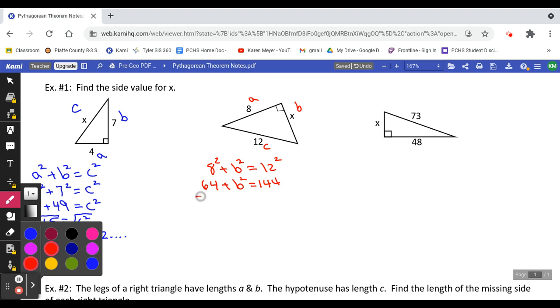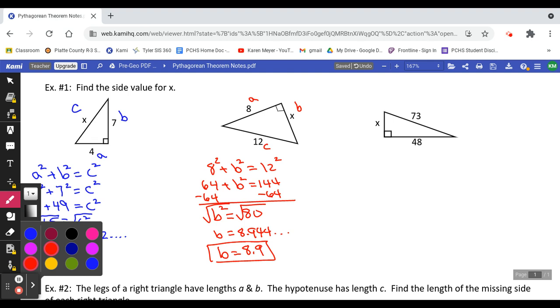Get B squared by itself, so subtract 64 on both sides. So I get B squared equals 80. Then square root both sides. And the square root of 80 is going to give me 8.944, and so on, which will round to the tenths of 8.9.